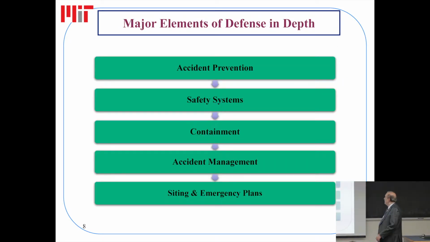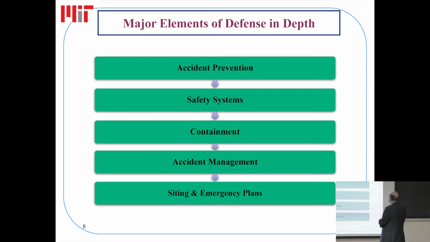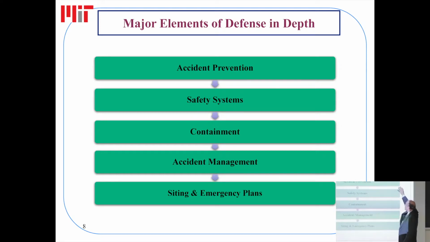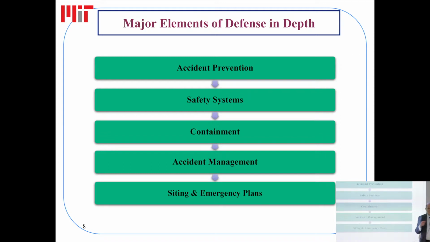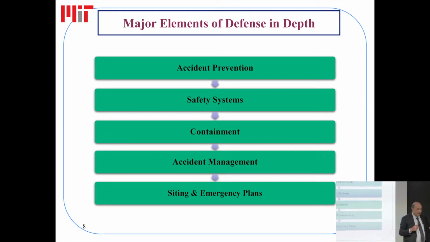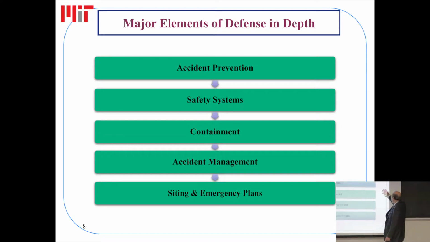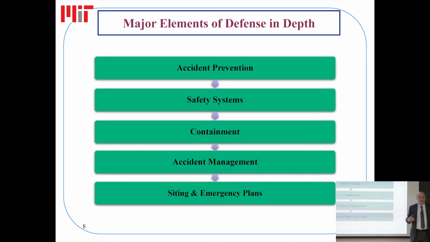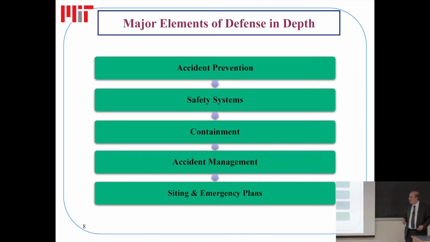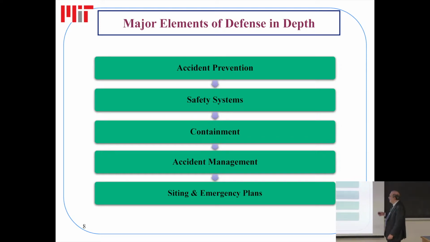So here are the major elements of defense in depth. You try very hard to make sure that accidents will not happen. So you have a number of safety systems to provide cooling if, in fact, you're losing coolant. And there is a multiplicity of these.